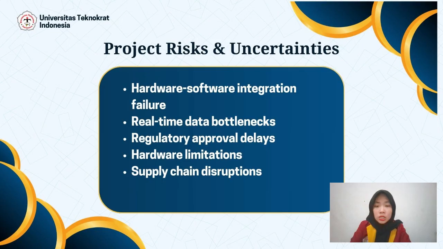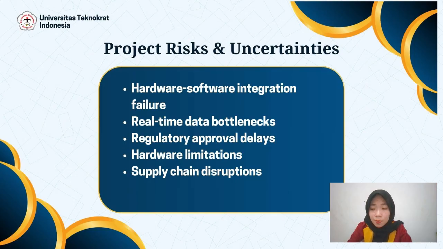And then next is project risk and uncertainties. This kind of project also comes with various risks. For example, integration between hardware and software could fail if not tested properly. Real-time processing might run into performance issues or data bottlenecks.